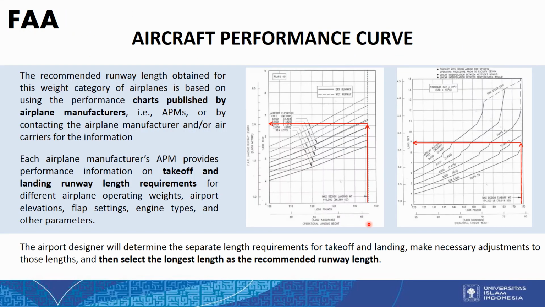So the second one is the FAA guideline to calculate the runway length. Basically, the FAA makes the guideline based on aircraft performance curves. So the recommended runway length obtained for the weight category of airplane is based on using the performance charts.